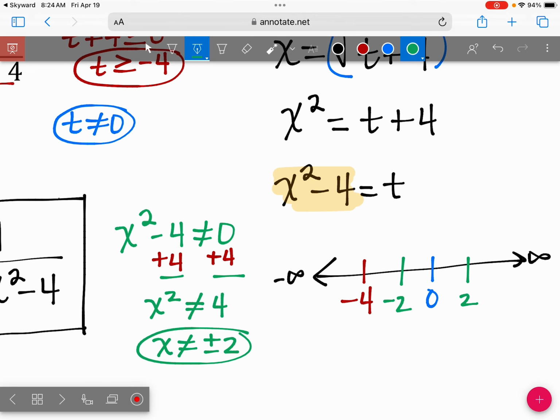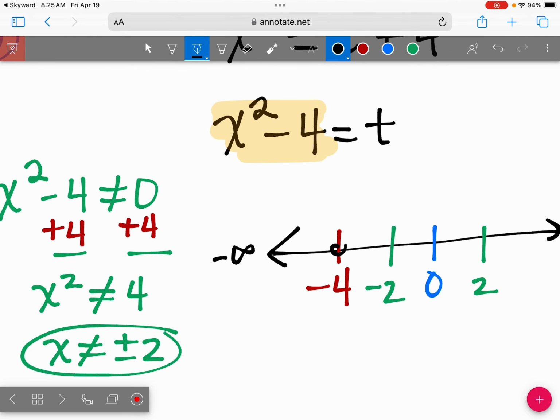There's a lot of numbers I need to put on my number line. Can I use negative 4 though? Yes, so I can put a closed circle on negative 4. The other 3, because they're in the denominator, are all open circles.